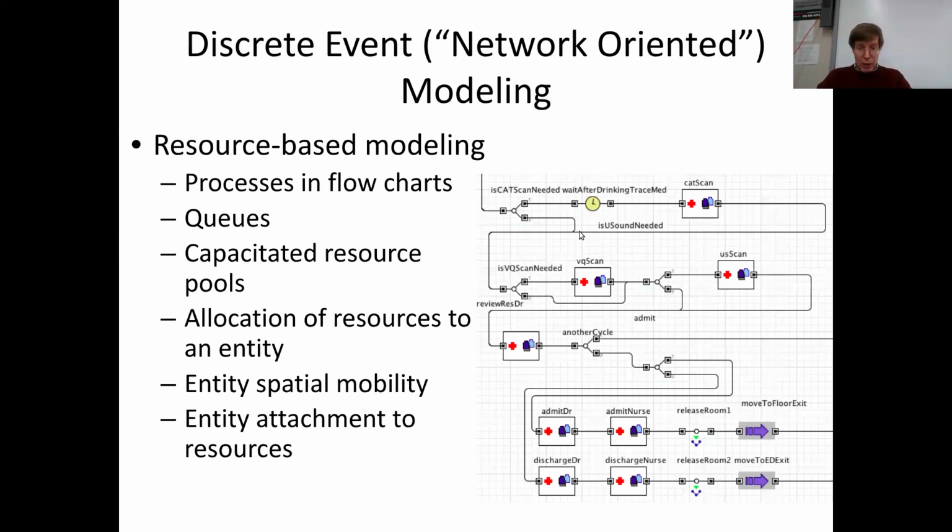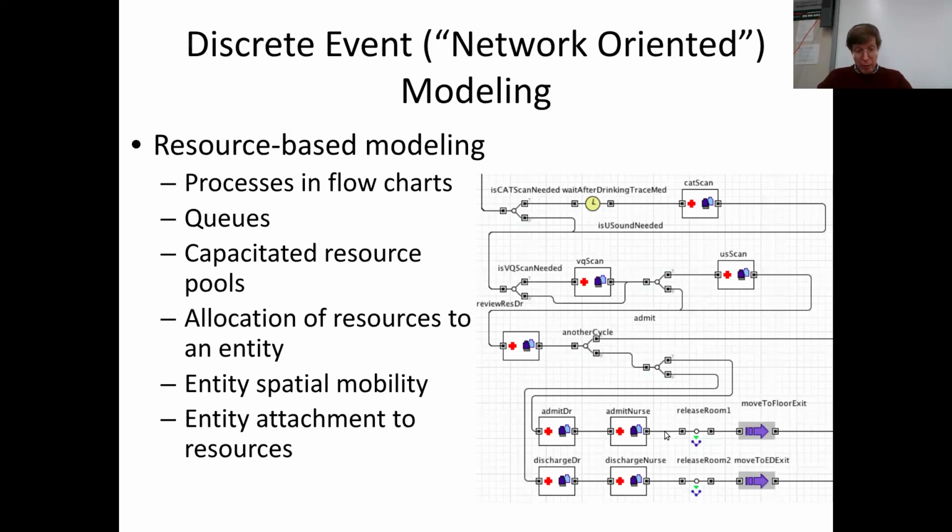Okay, so we have these workflows, these processes by which entities move. I'm going to drill down now a little bit more, having circled at a higher level. Now let's talk about these workflows. Sometimes I'll fall into calling them flow charts, but workflow is the better name. There are processes scattered throughout these blocks or operators.